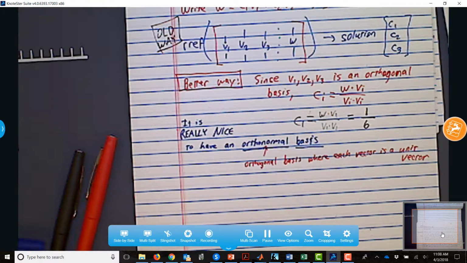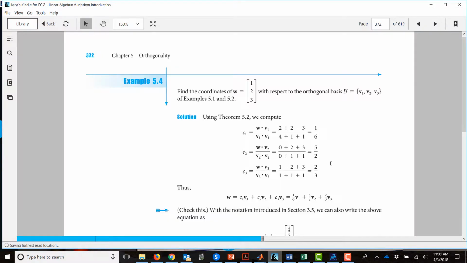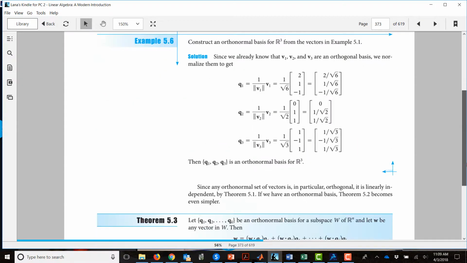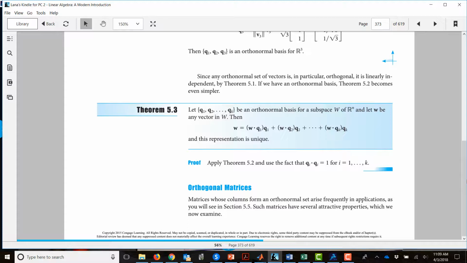Next, Theorem 5.3, I don't want to write down. I will just show it to you. And you'll say, aha, I get it. I think. We'll see. Look what they said. Let the Q's be an orthonormal basis.